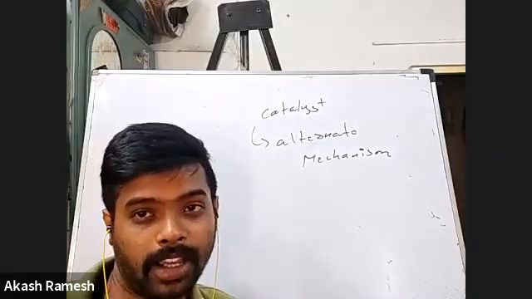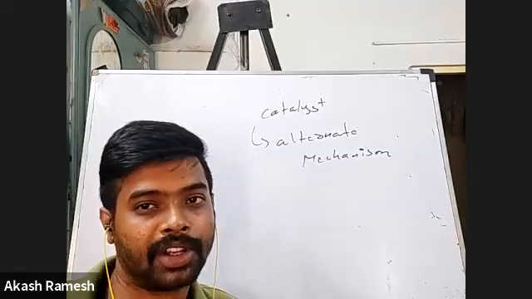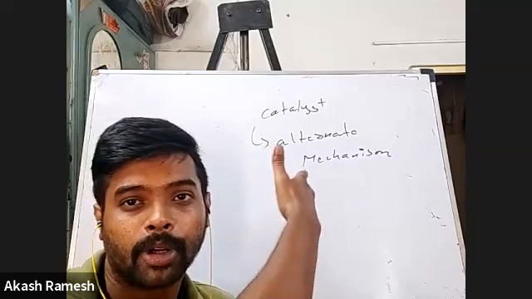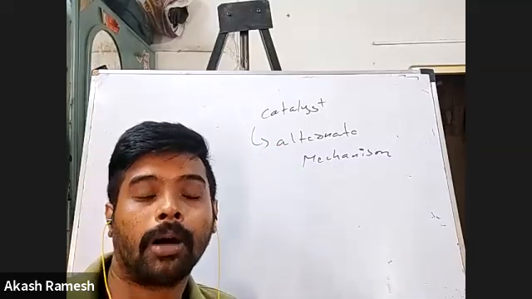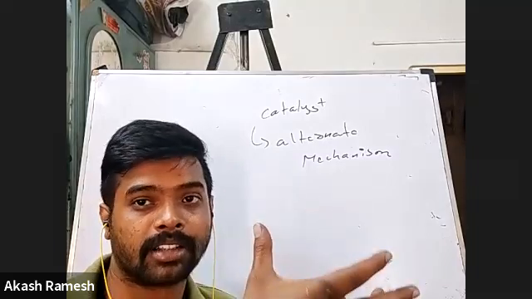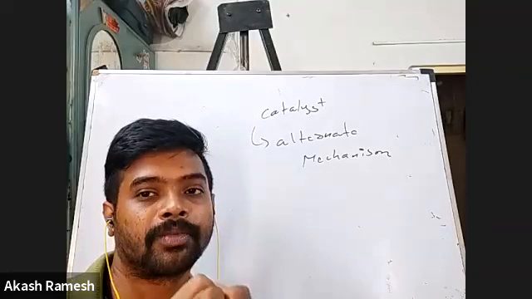Activated complex. Exactly, very good. If I use a catalyst, the mechanism is changing. That means the transition states and intermediates, everything is changing, because it is going to provide an alternate mechanism. Obviously, the main reason why the rate increases is because the activation energy decreases.